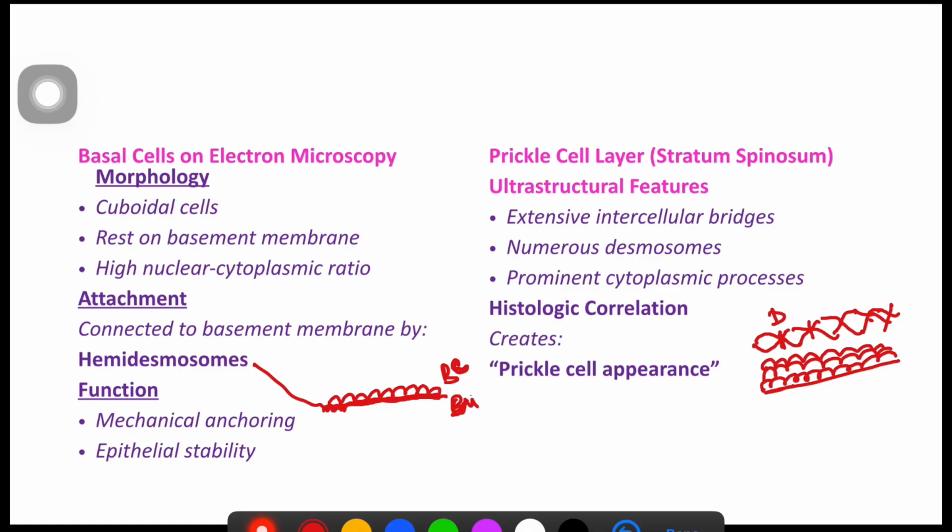They are attached to each other with the help of desmosomes. Here you can identify cytoplasmic processes, and they create the prickle cell appearance.